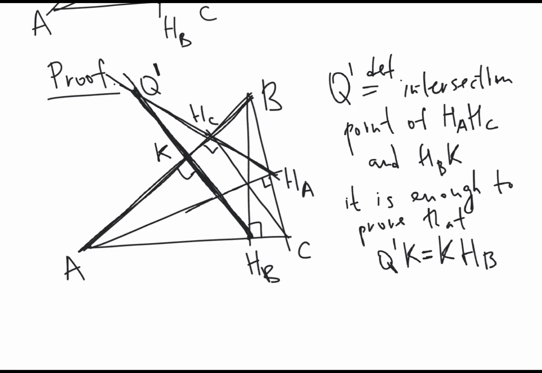And if it is a reflection, then it is the same as the point Q. So okay, it is enough to prove that Q is equal to Q prime. And then this in turn would imply that Q belongs to this line.